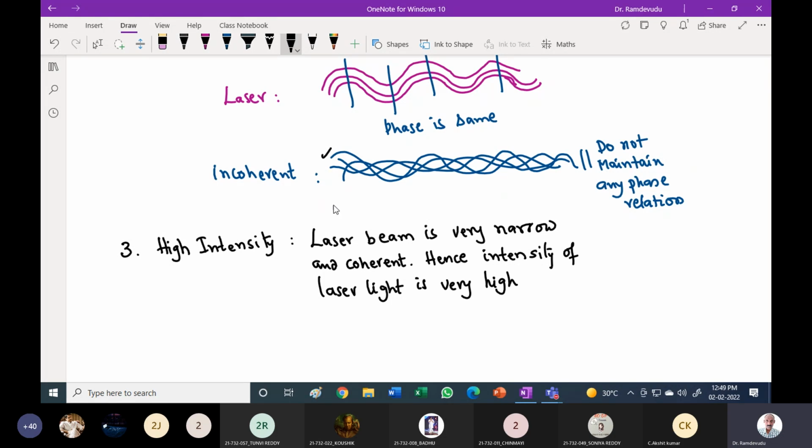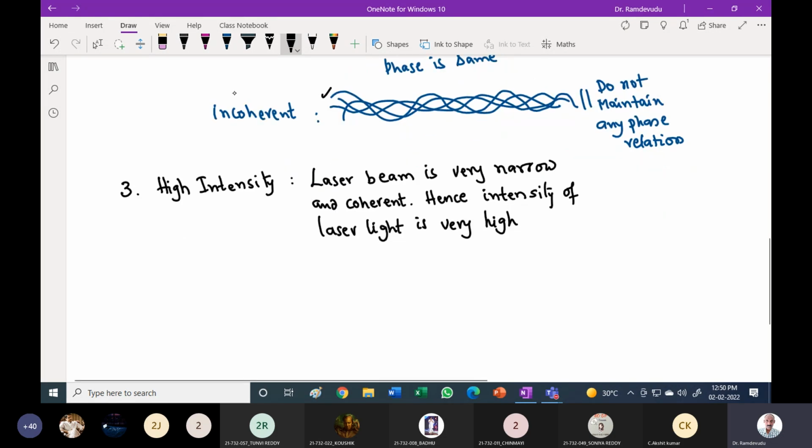So that means if you take here, suppose a laser light, something like this, which are highly coherent. This is the coherency I am taking. This is also highly coherent waves I am taking. And this may also be very coherent waves I am taking.